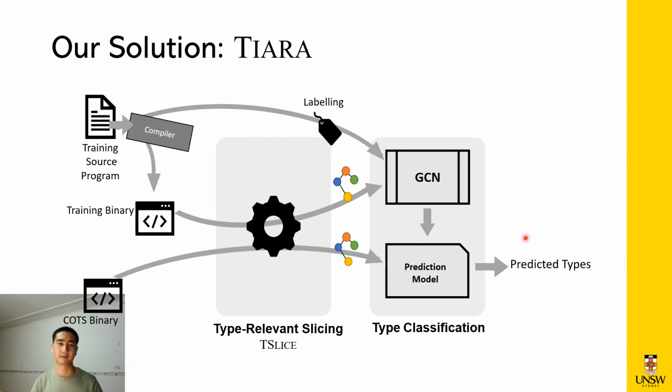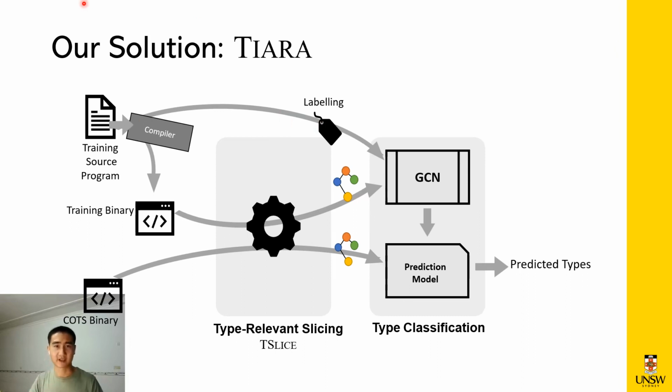So our solution here, we call it Tiara. This graph shows the general workflow of it. At the training phase, we collect a bunch of training source programs and compile them. The compiler would generate both binary executables and the debugging information.